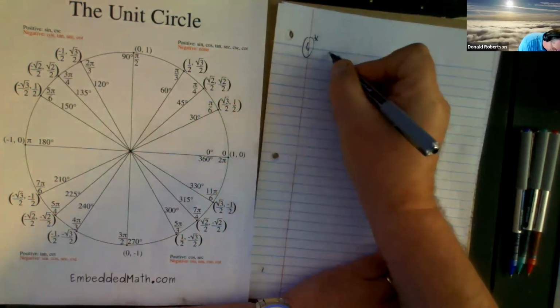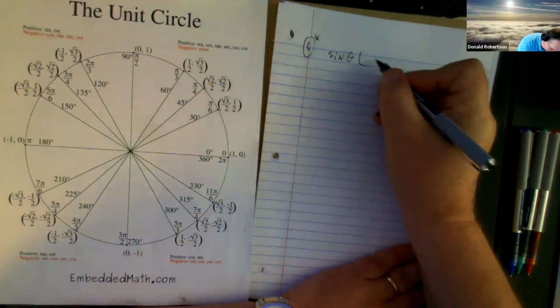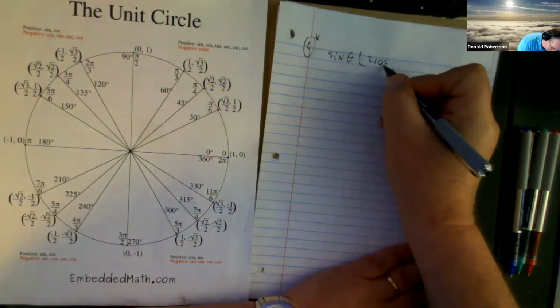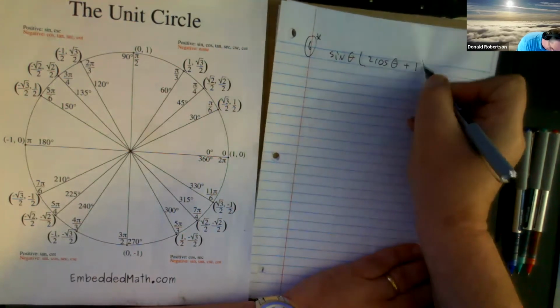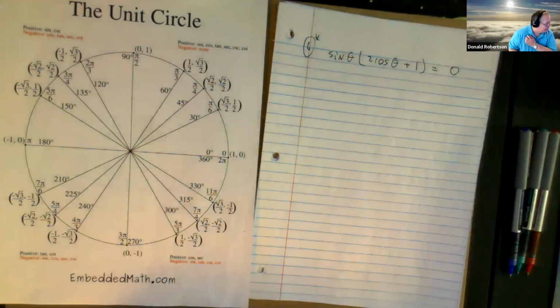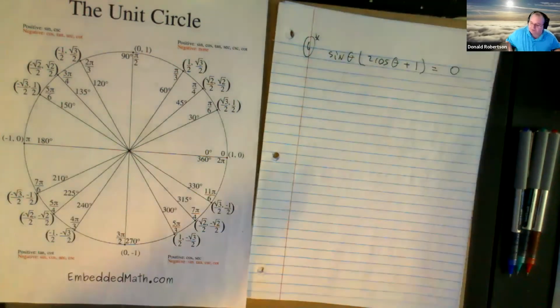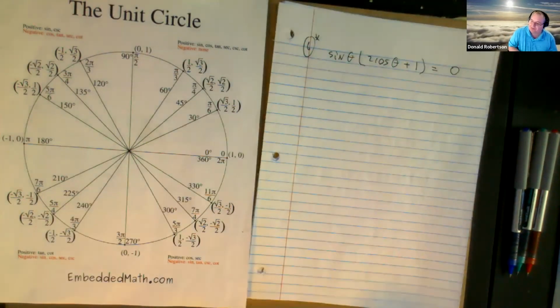Question 6 is the sine of theta times 2 cosine theta plus 1 equals 0. Now that's great. They factored it for me. Isn't that nice? Made my life easy.